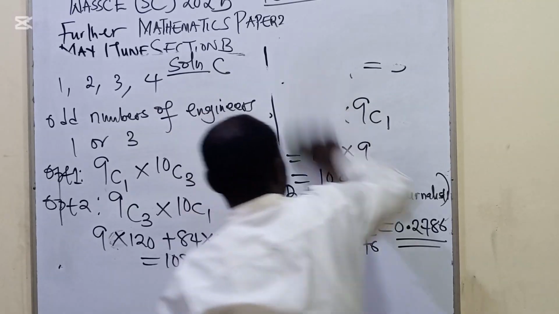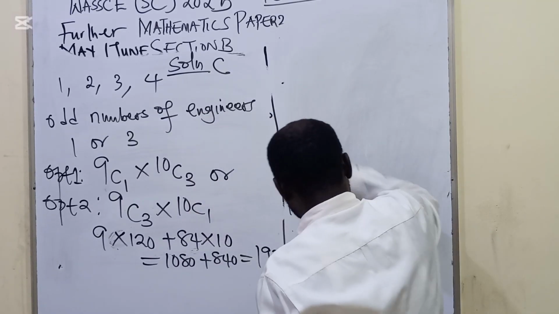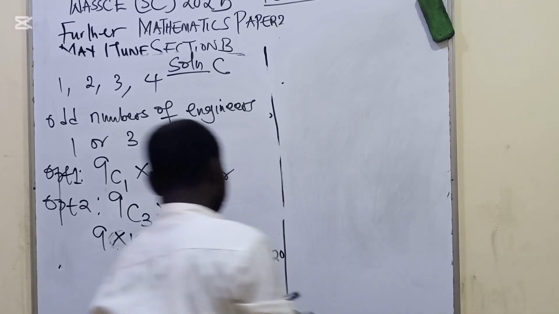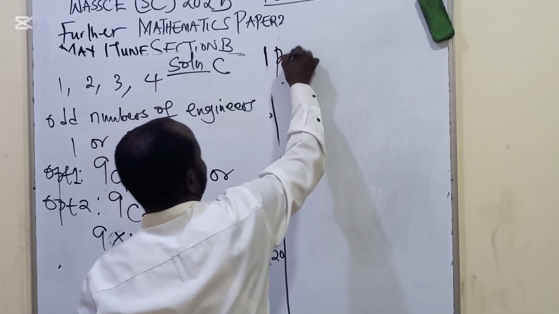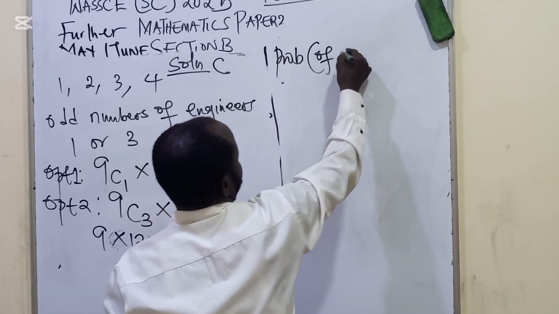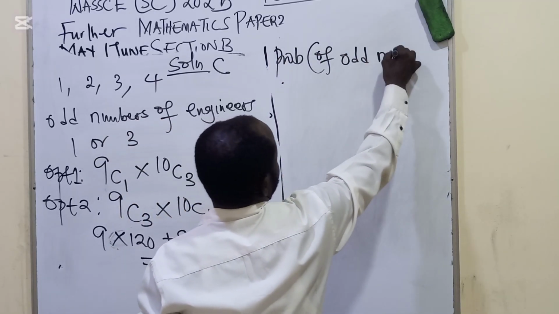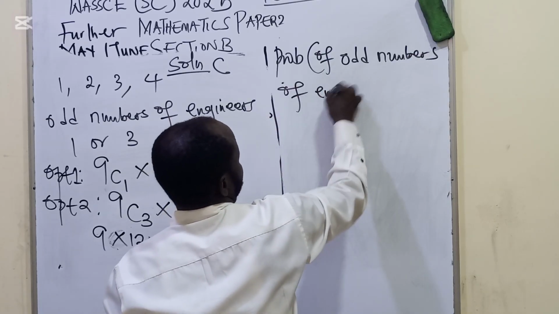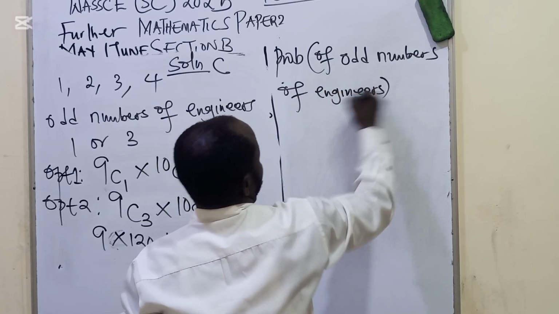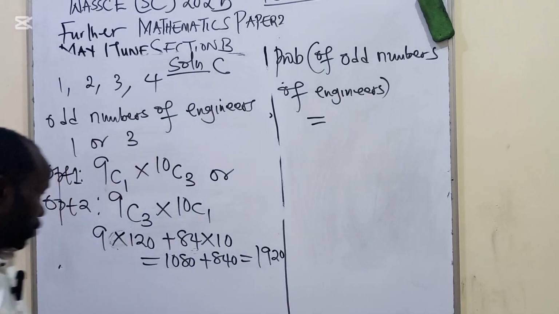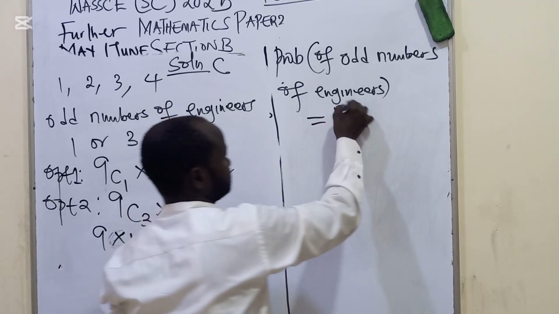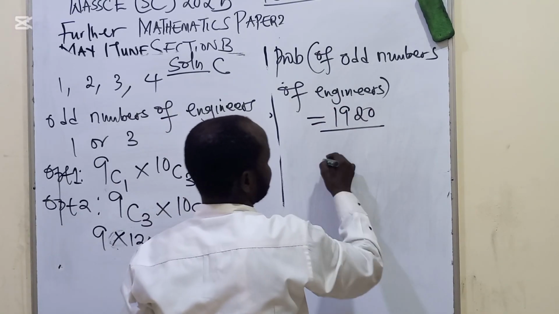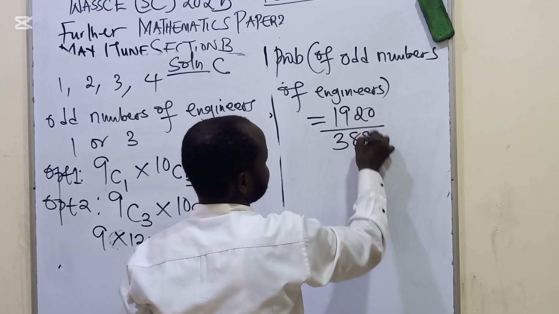Finally, the probability now of picking odd numbers of engineers will be the required outcomes, which is 1920 divided by 3876.